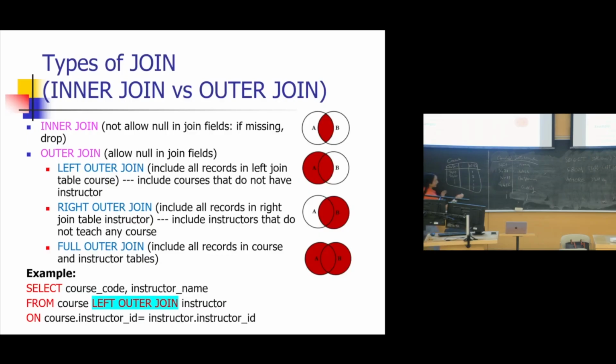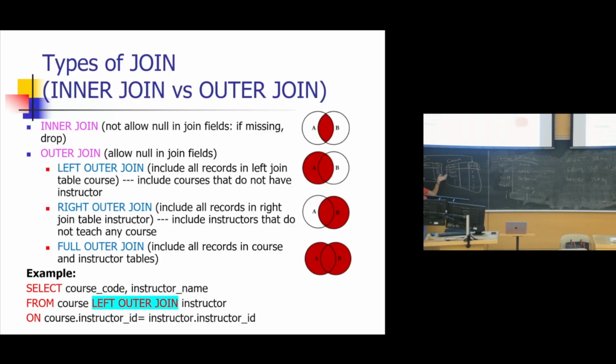On the other hand, we have another table, instructor. Here, we have instructor ID, instructor name, and so on. So this is how we link two tables, right? Through the common field, or the foreign key.